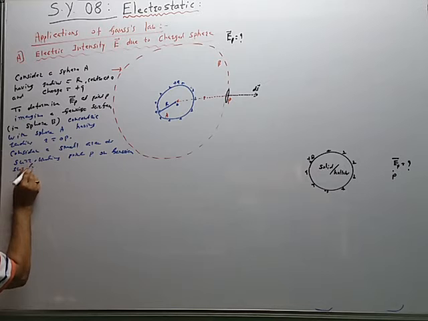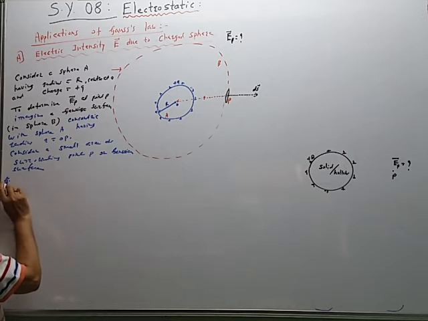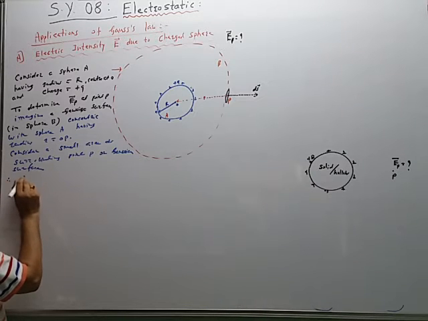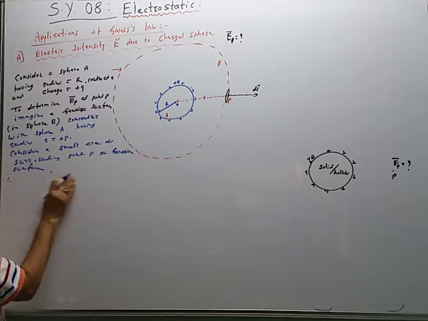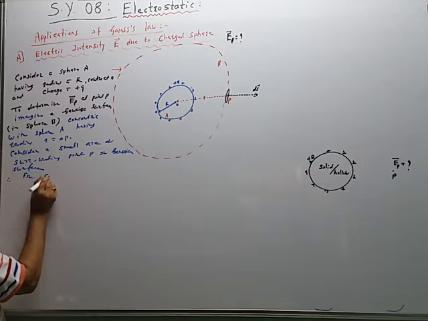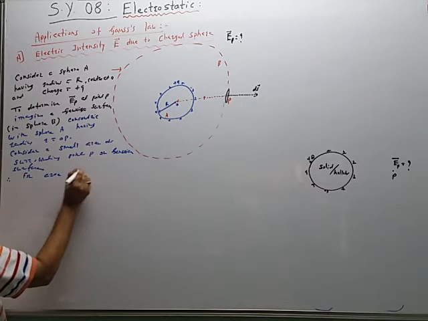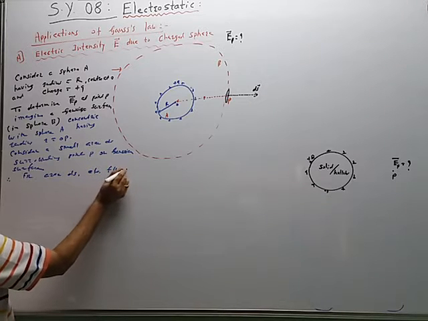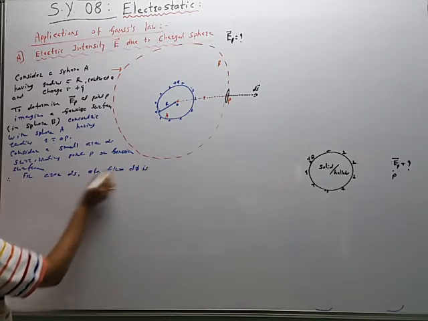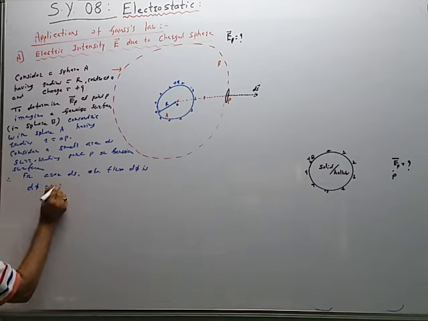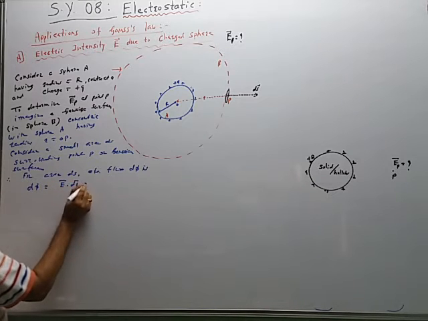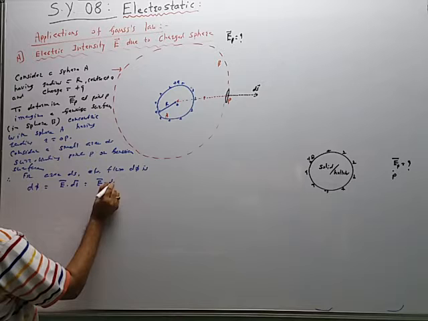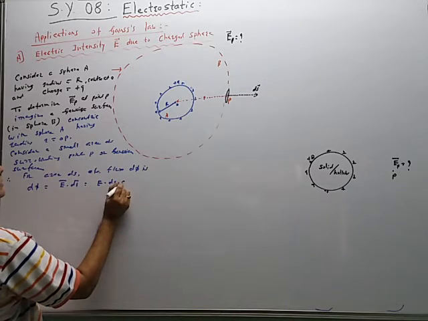Therefore, for area ds, electric flux d phi is equal to E dot ds, which is E into ds into cos of theta.